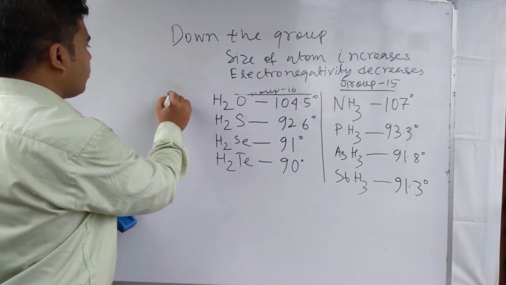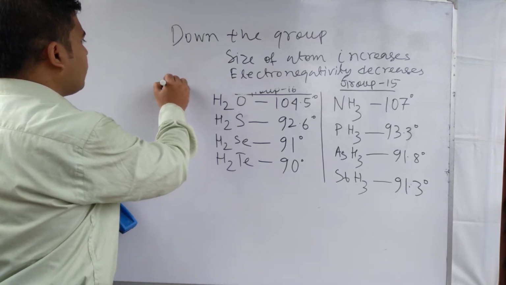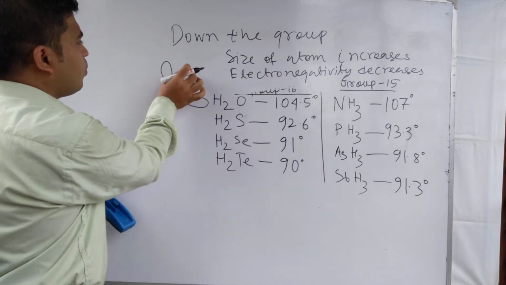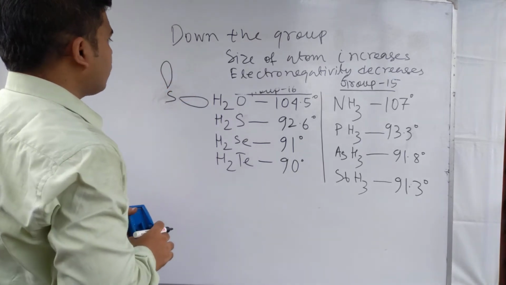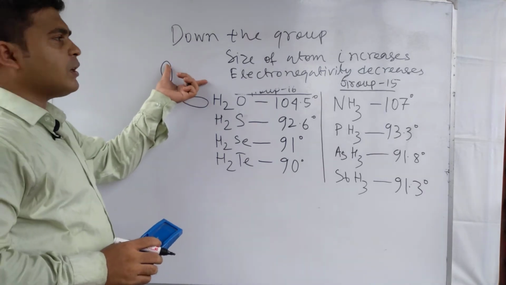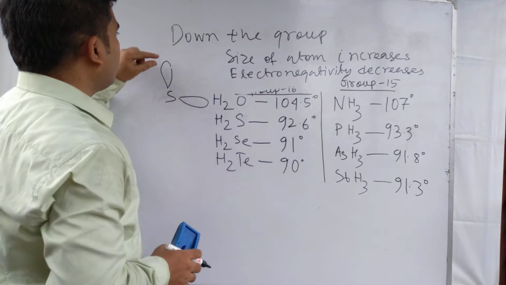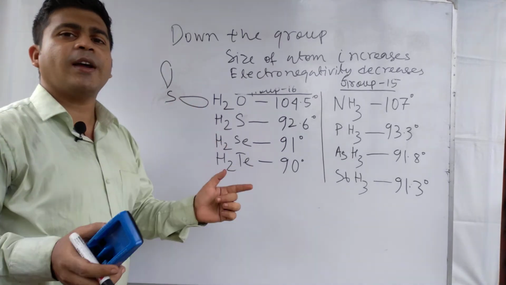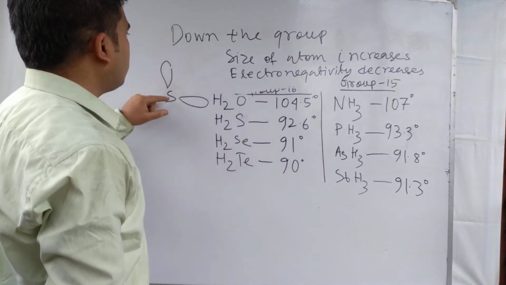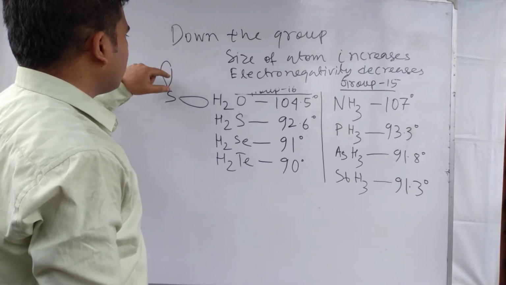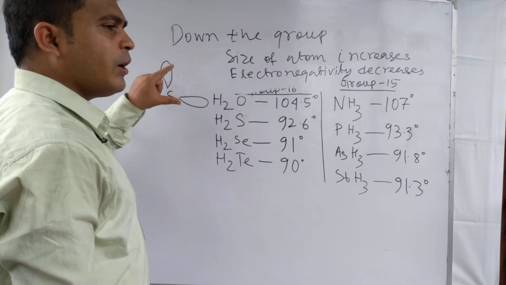bond pairs will not repel each other as tightly, because the size of atom increases and the bond pairs become far apart. The bond pair will make a distance from the central atom.